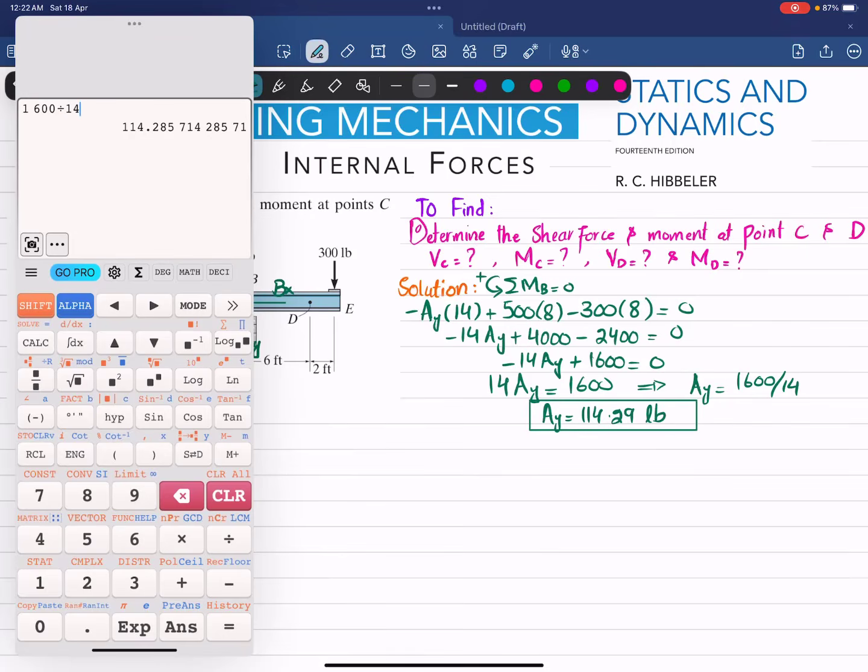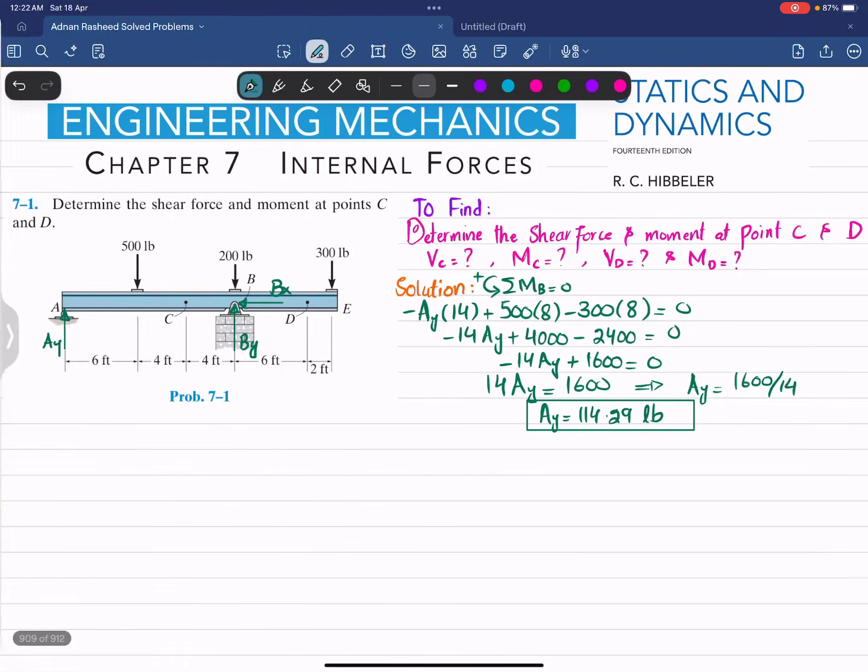Okay. Now we'll find BX and BY. For BX we will use the formula that the sum of all forces along the X direction must be equal to 0, with force toward the right taken as positive. You can see only one horizontal force, BX, is acting and there is no other force, so BX is equal to 0.